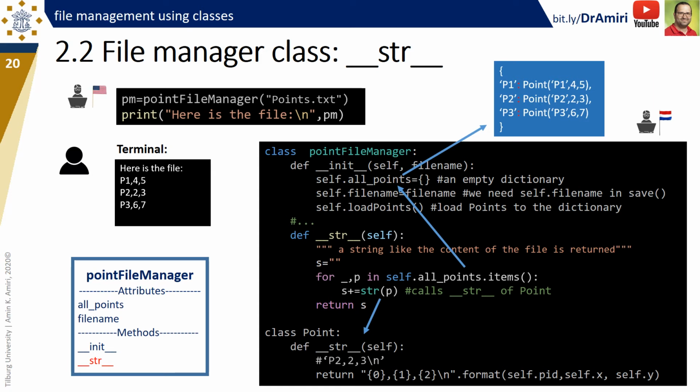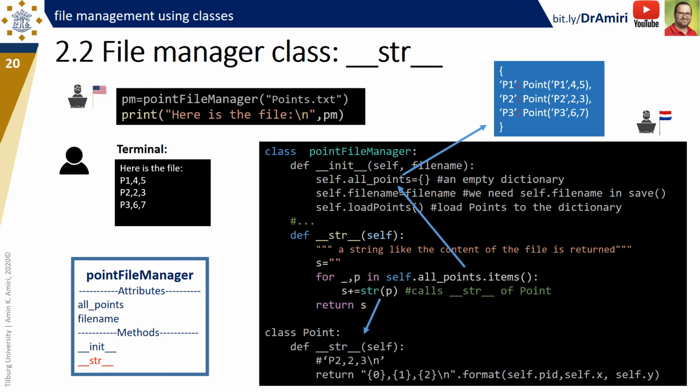So in this case, for example, it returns p2, then comma, then 2, then comma, then 3, and then \n. So that's why I said that you need to be very careful. That's your most important task in the record manager class.